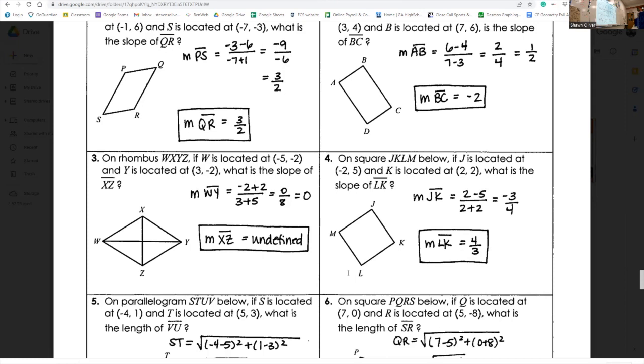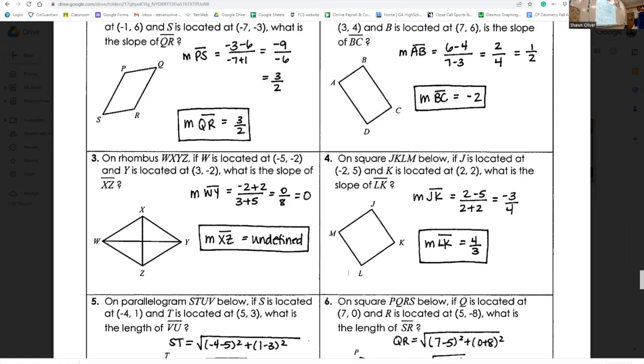If lines intersect at 90, those lines are perpendicular. Perpendicular means opposite reciprocals. Perpendicular means that two lines intersect at 90 degrees. A reciprocal is when a fraction flips.